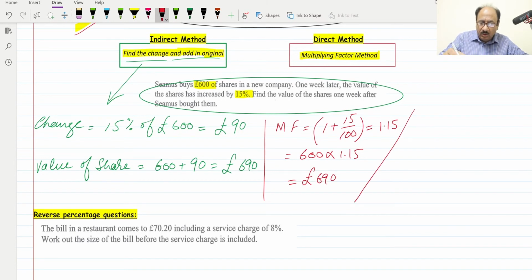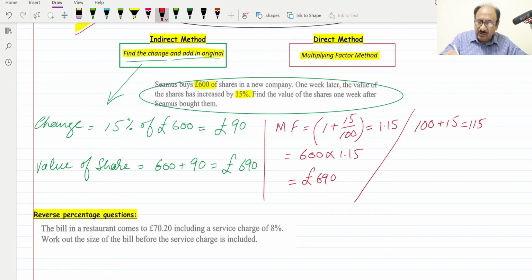And one more option I'll write over here: for an increase of 15%, we can find the multiplying factor another way. We add 15 to 100 for an increase, and subtract for a decrease. In this case it is an increase, so 100 plus 15 is 115.